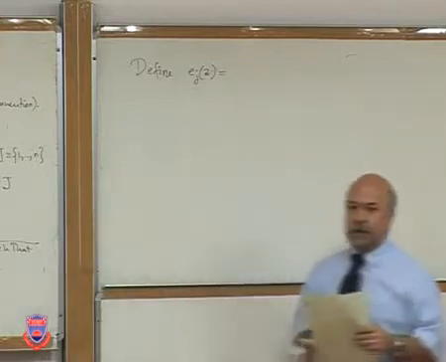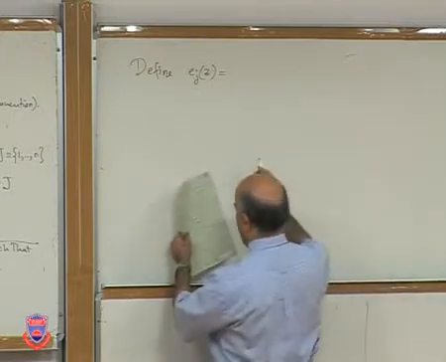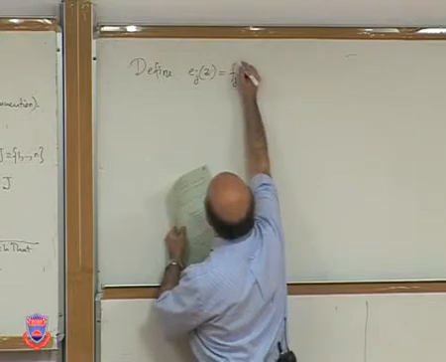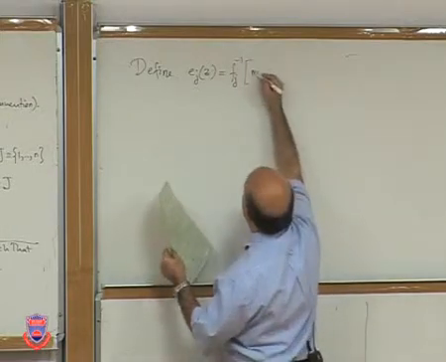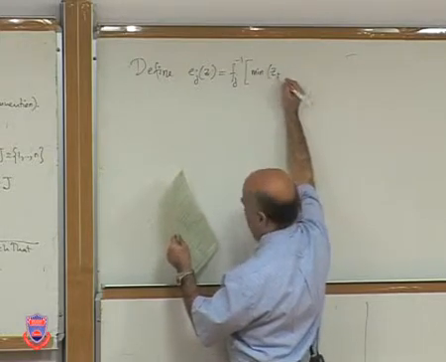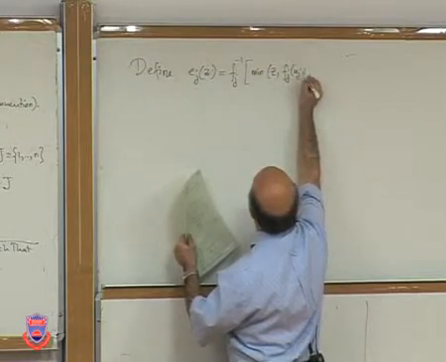So let me define a new function now, Ej. Ej evaluated at z is the inverse function fj evaluated at the minimum of z itself and fj of uj.